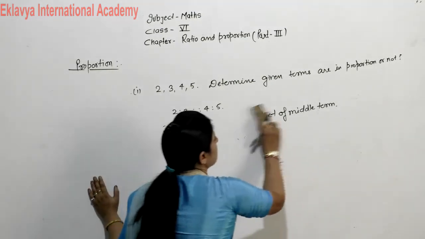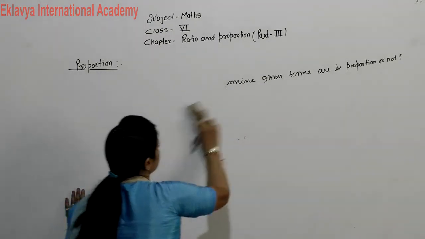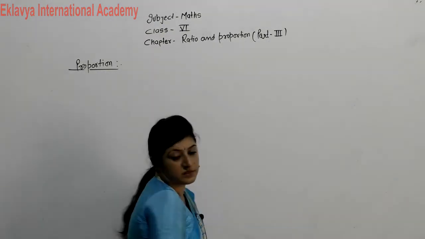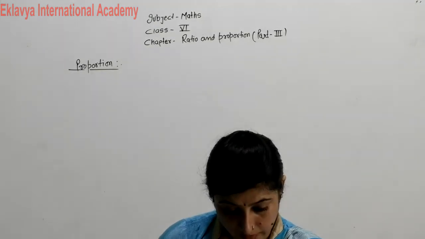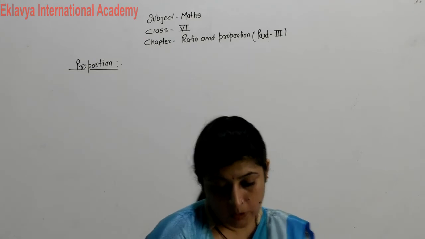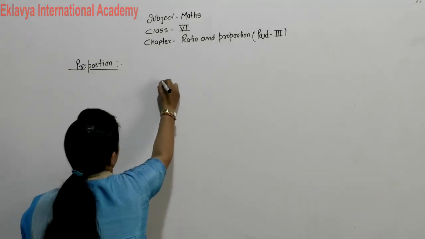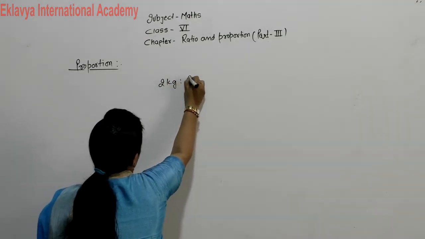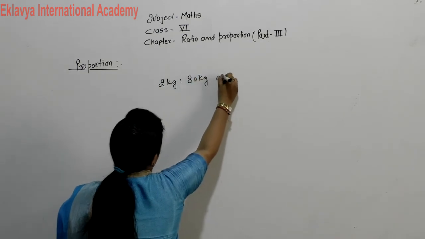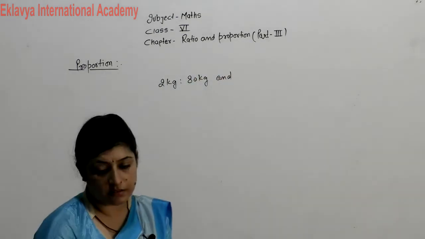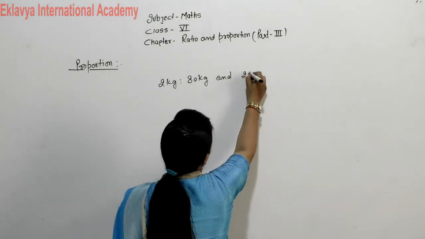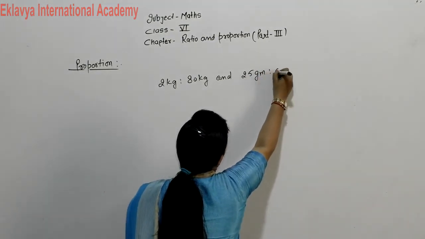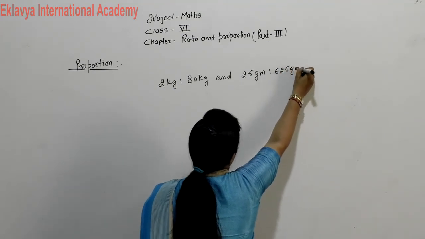Okay, another thing, see. 2 kg ratio 1 kg, 80 kg ratio 40 kg... 25 gram ratio 625 gram.